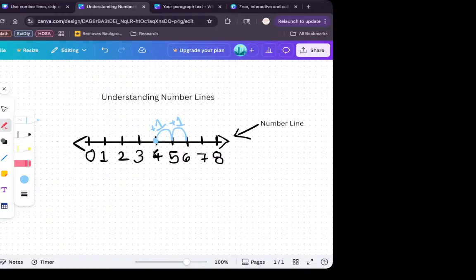And what does 4 plus 2 equal? 6. See how we jumped once and the number increased by 1? That is because of the number pattern, we are counting by ones. 1, 2, 3, 4, etc.